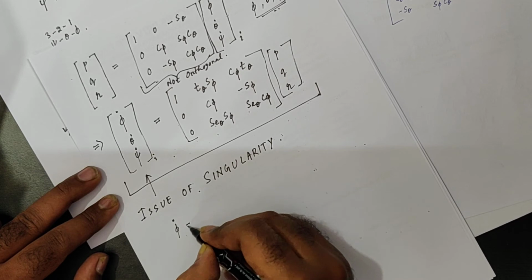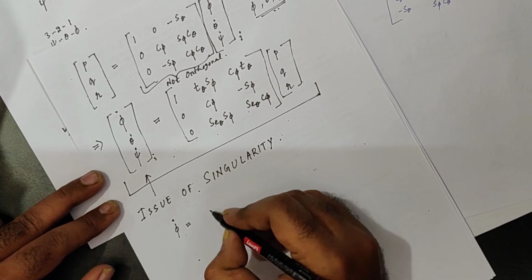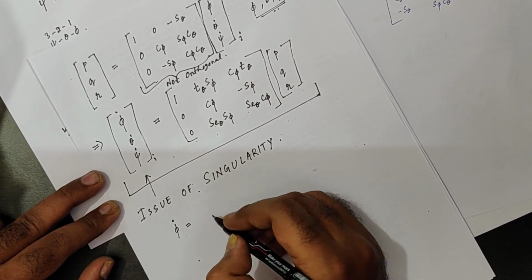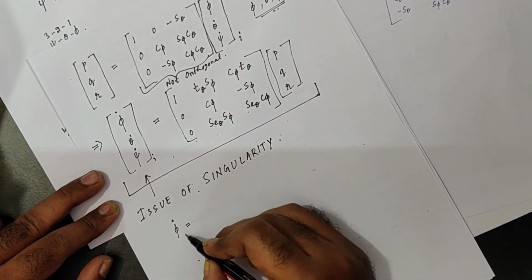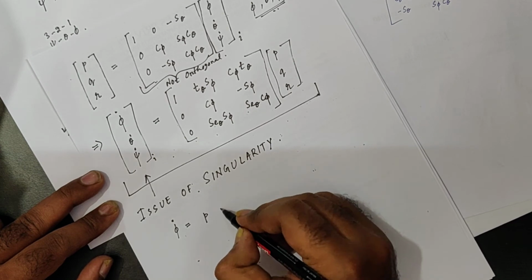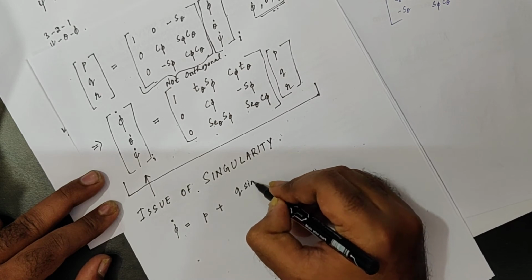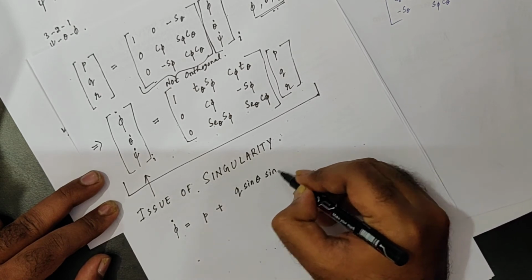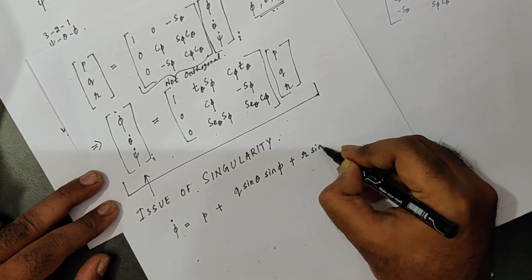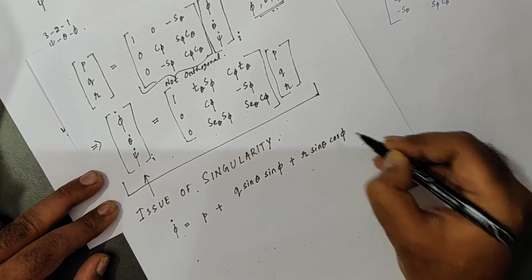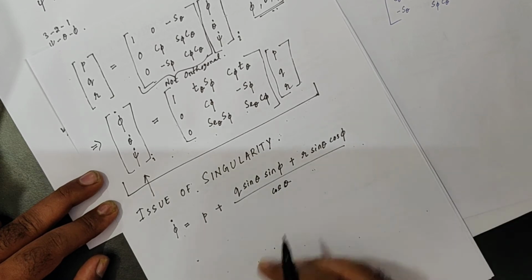That is, phi dot equal to P plus Q sin theta sin phi plus R sin theta cos phi, divided by cos theta. I am just expanding the same equation. Okay.